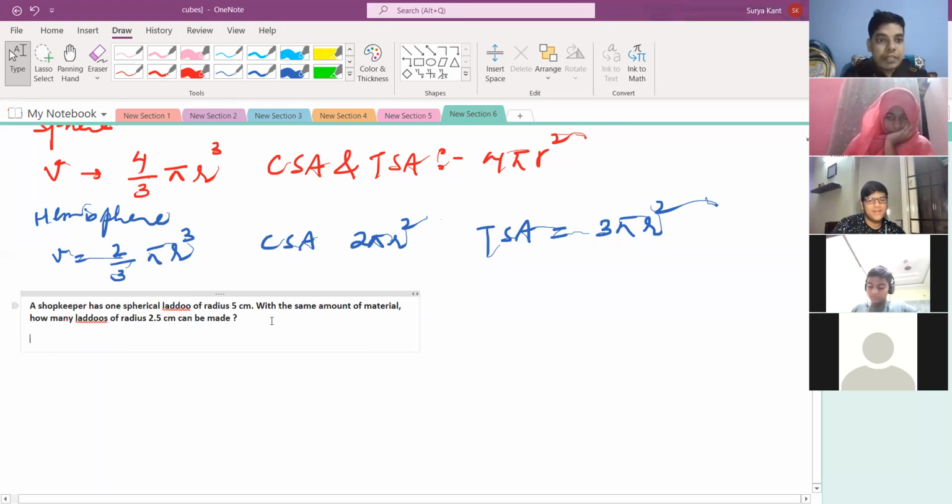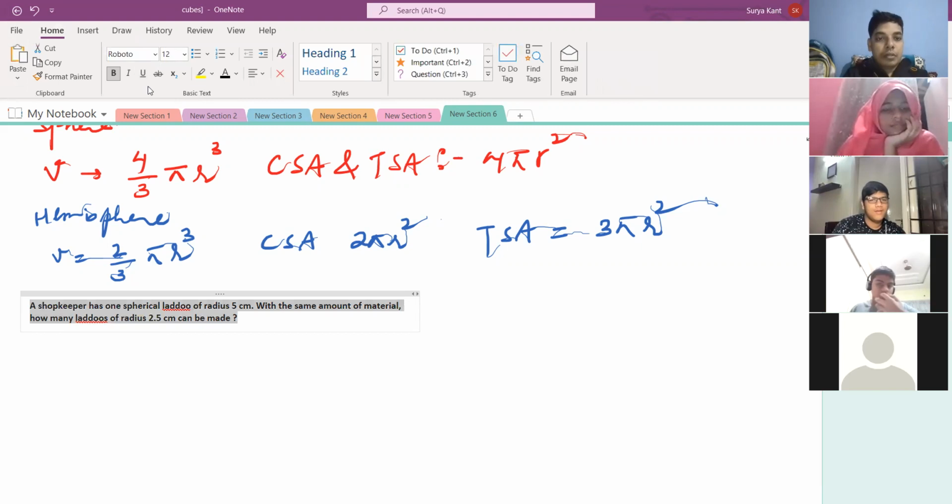A shopkeeper has one spherical laddu of radius 5 centimeters. With the same amount of material, how many laddus of radius 2.5 centimeters can be made?